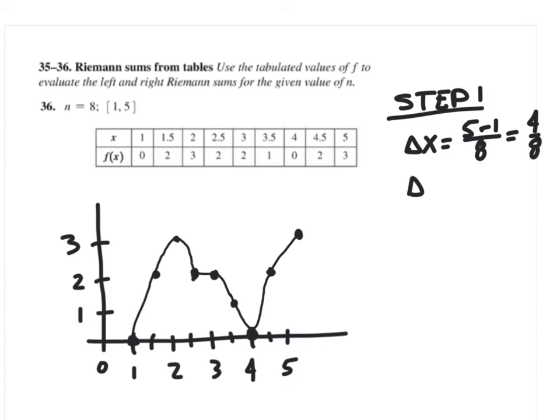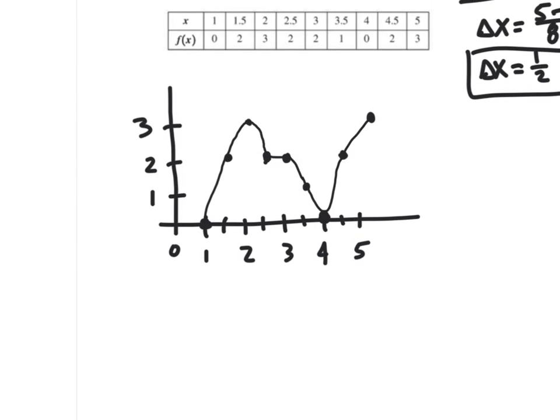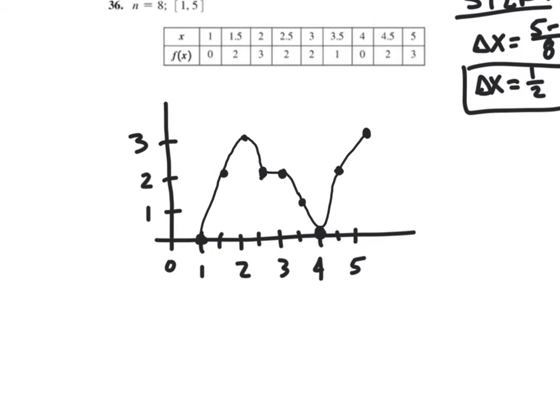So my delta x is equal to a half. Now what I want to do from this is figure out step 2. Because step 1 is the same for each of the problems, I'm going to split this up and do this for LRAM and then for RRAM.